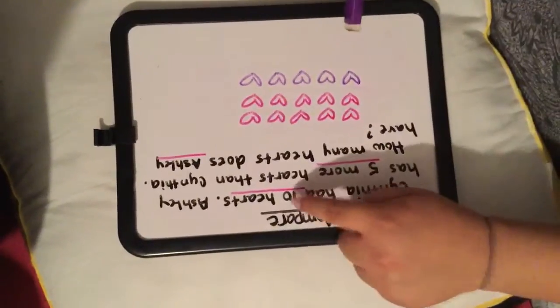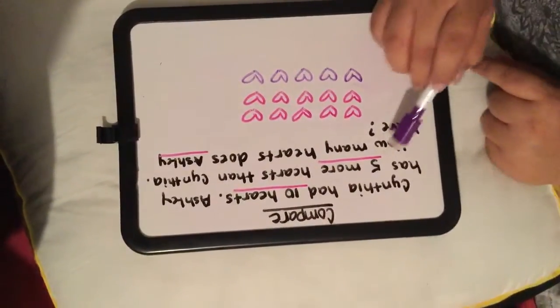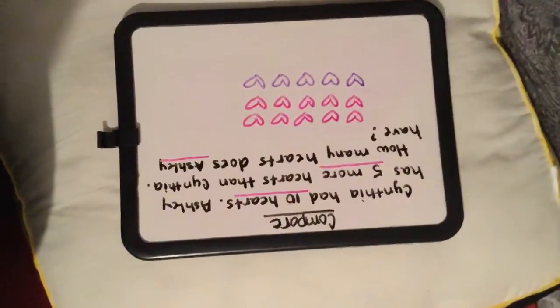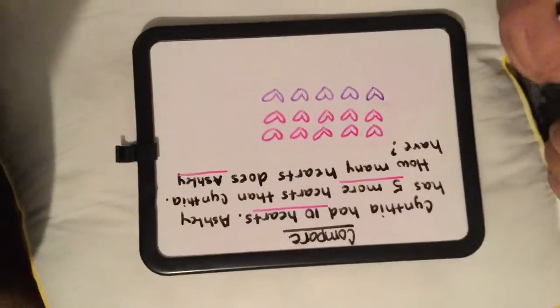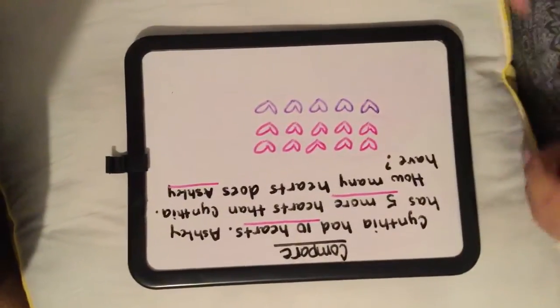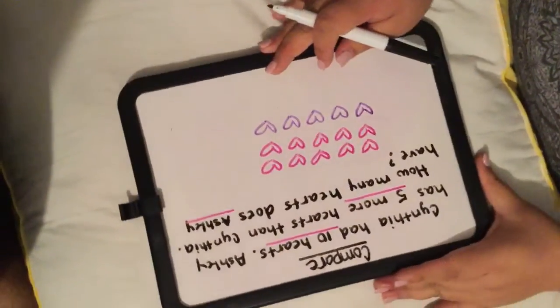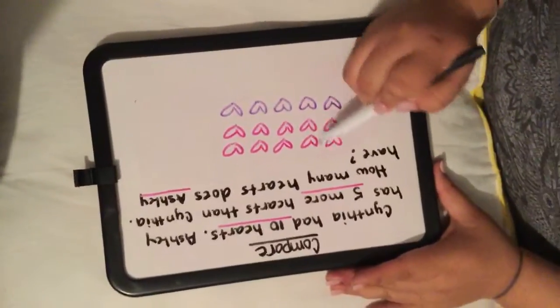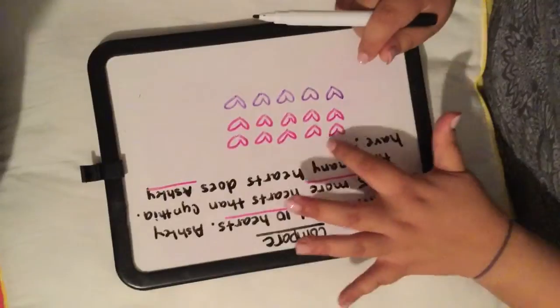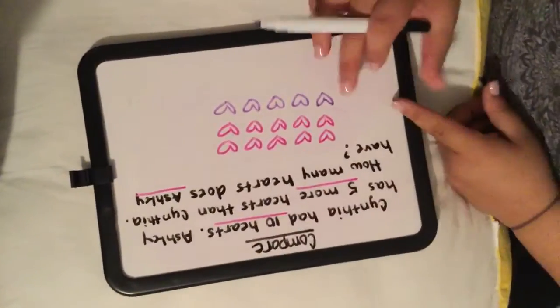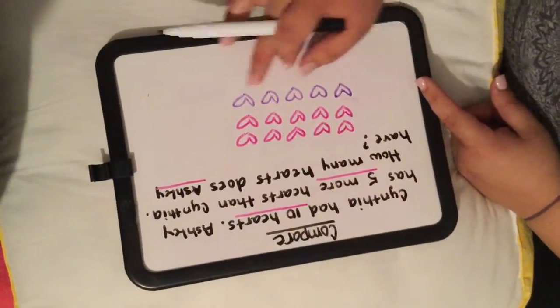So we have Cynthia's 10 hearts and Ashley's 5 more hearts. Let's see how many hearts Ashley has all together. As we're doing this, a way you won't be confused is you can cross them out as you're counting. Because if we're just counting, sometimes we can get confused if it's a lot of little items like this.